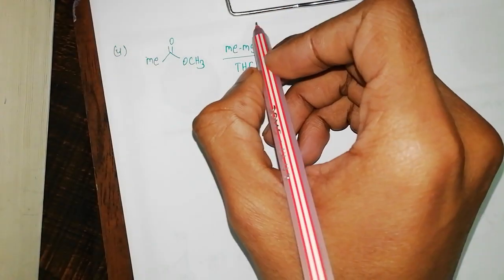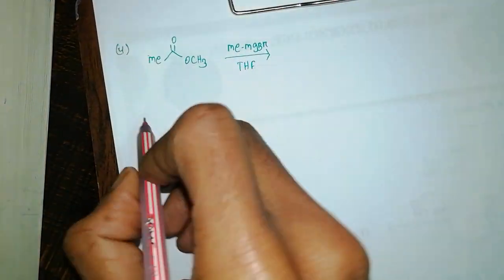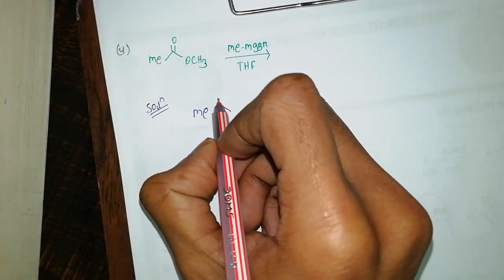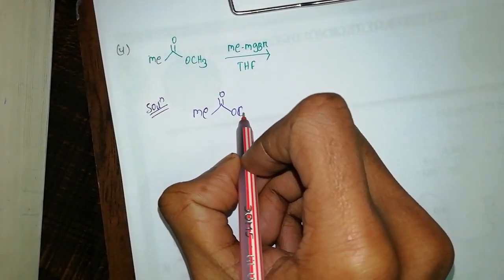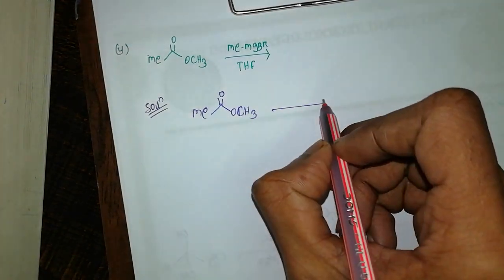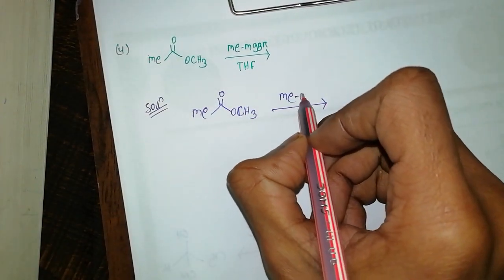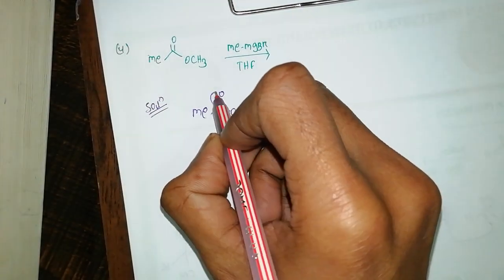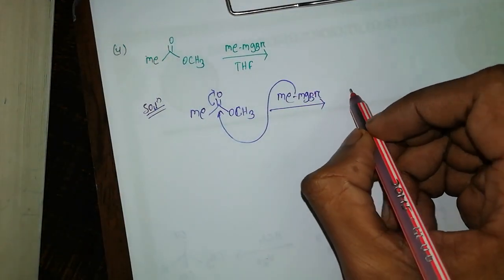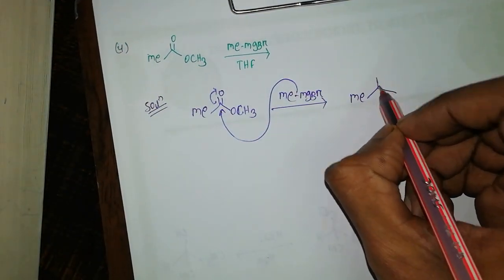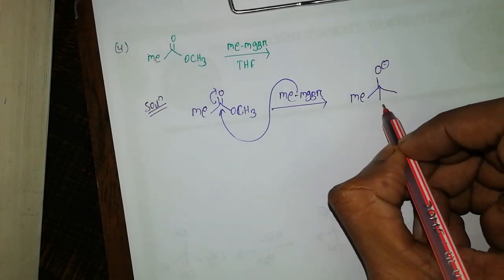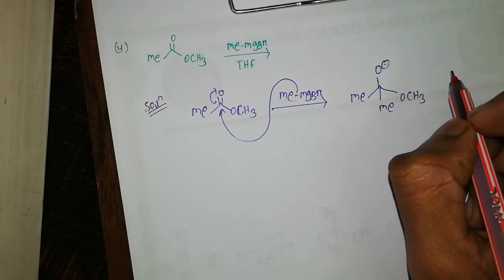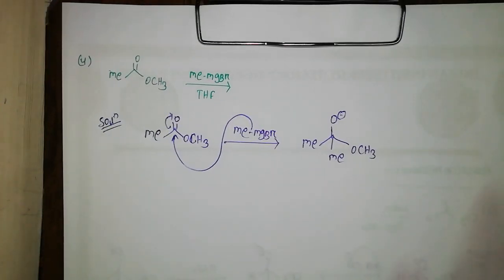So what will happen? As before, this is our ester group. When the organometallic reagent attacks at this position, just like before, we have done this in a very well manner. So here Me, here OCH3. But what will we do next?